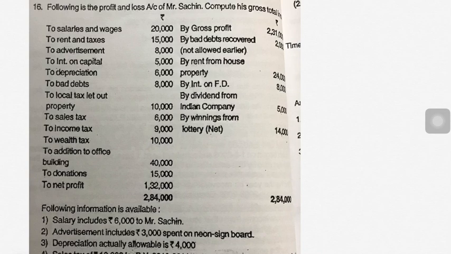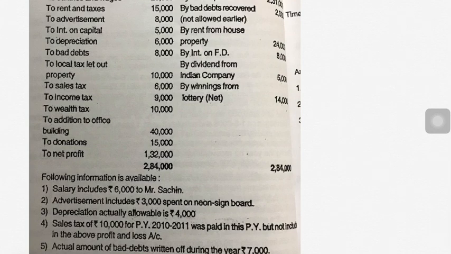To sales tax. Now, instead of sales tax it is GST. The way you treat GST, the same way you have to treat sales tax. In the exam sales tax won't be given, instead GST would be given.